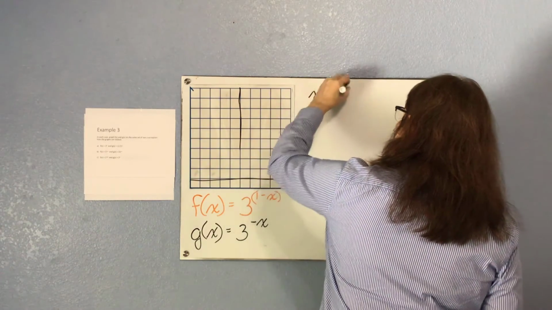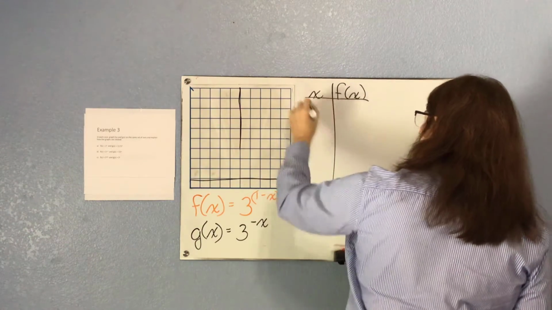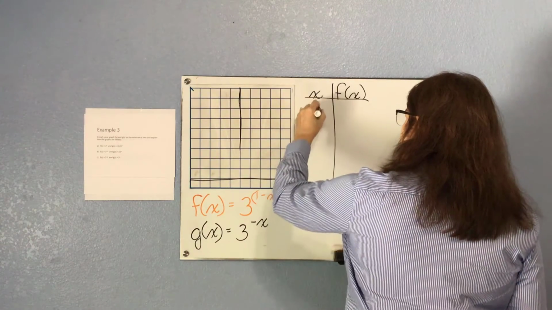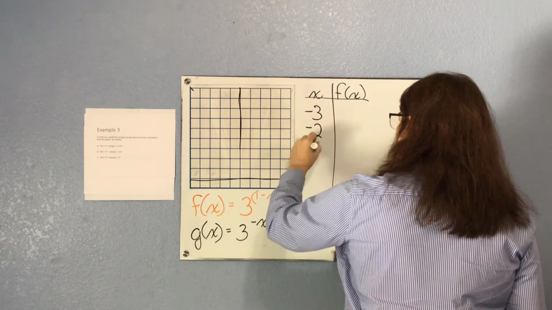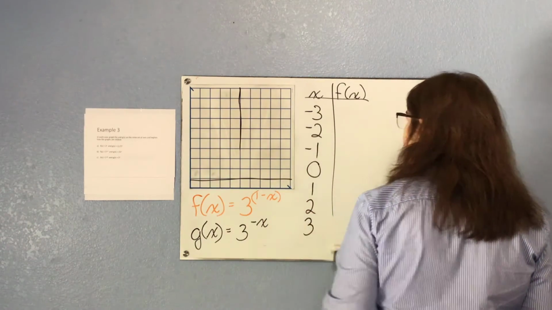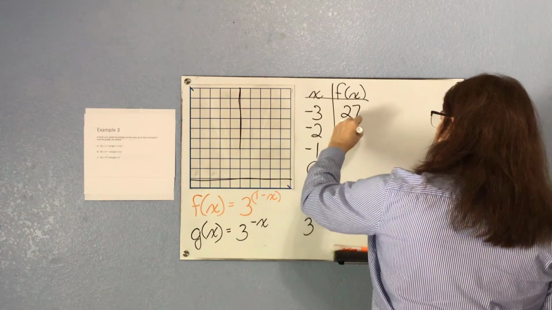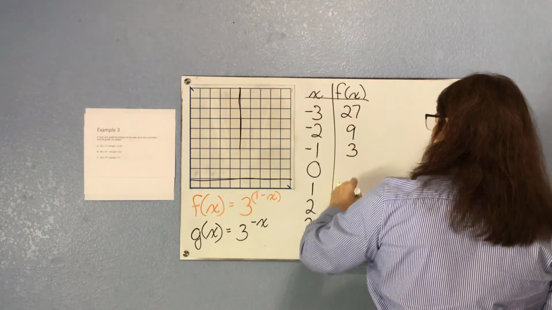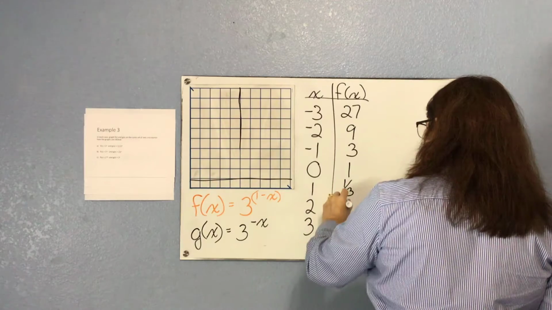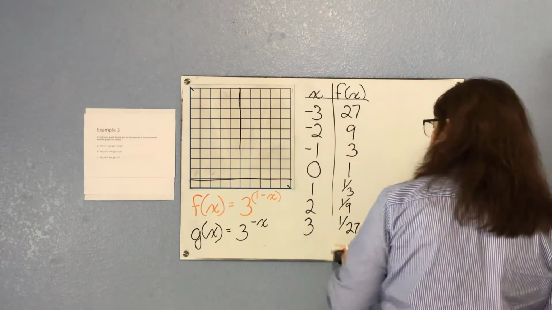So let's do x and f of x. So again, this is going to be 27, 9, 3, 1, 1/3, 1/9 and 1/27.